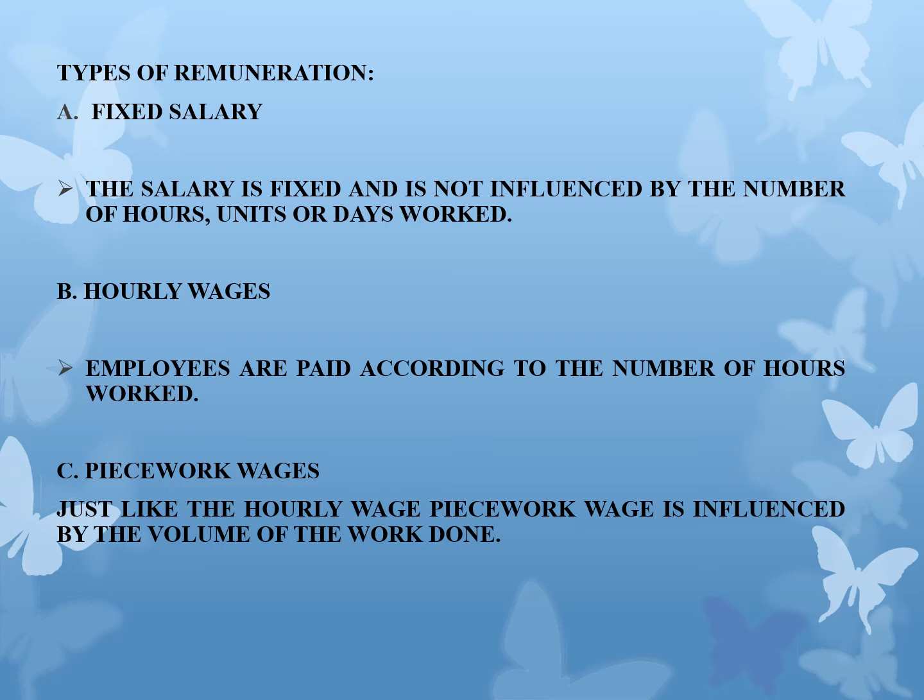Employees are paid according to the number of hours worked, which means for you to calculate the wages of an employee, you have to get the number of hours an employee has worked, multiply them by the rate per hour.